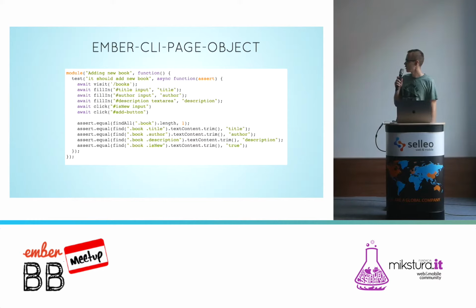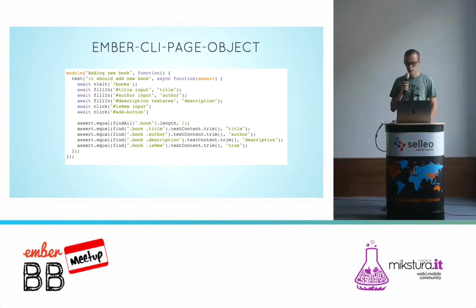Another one is Ember CLI page object. One of the problems with acceptance and integration tests is that many of the CSS selectors used to look up elements are repeated across tests, and in some cases this repetition seems like a smell. To avoid that, we have the page object pattern.